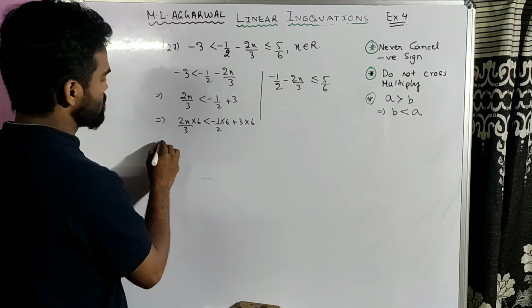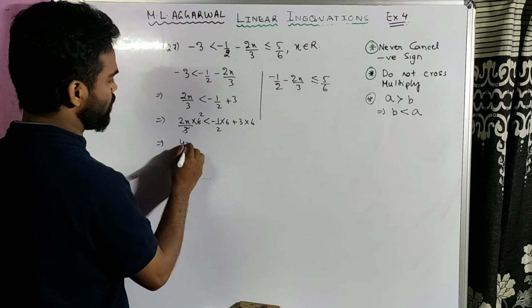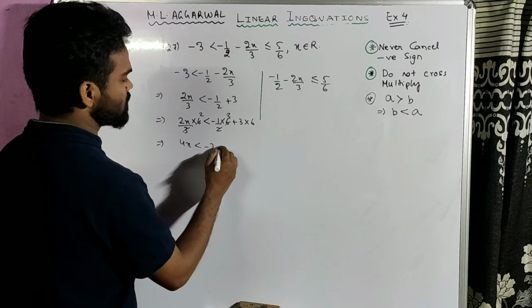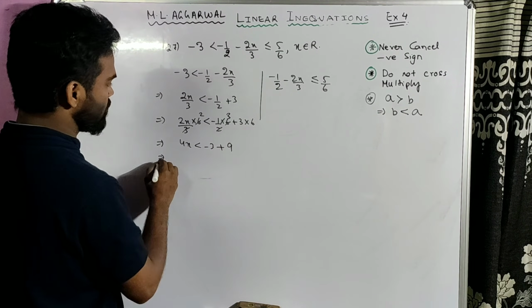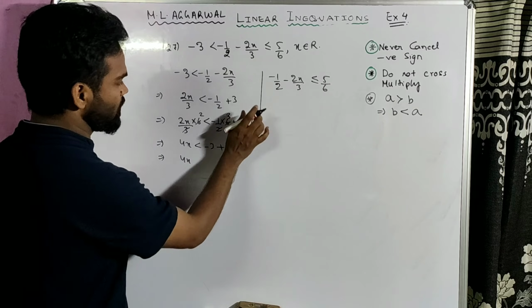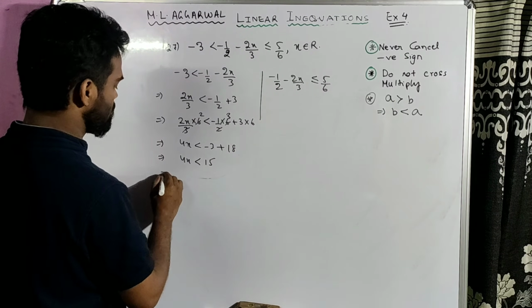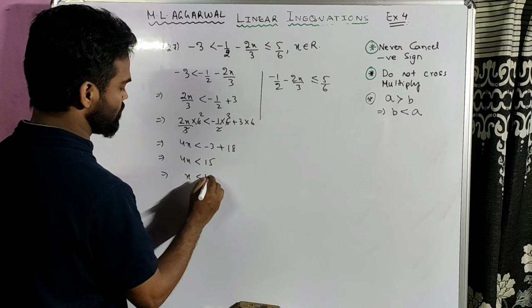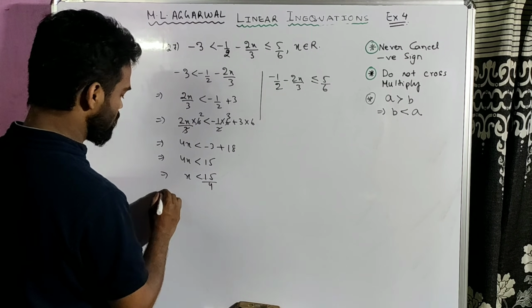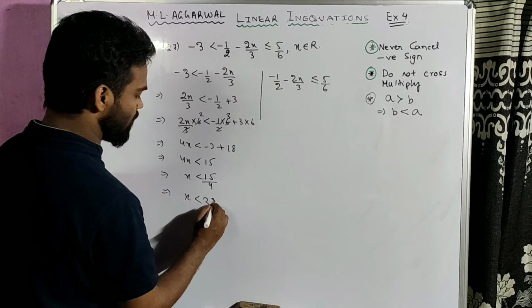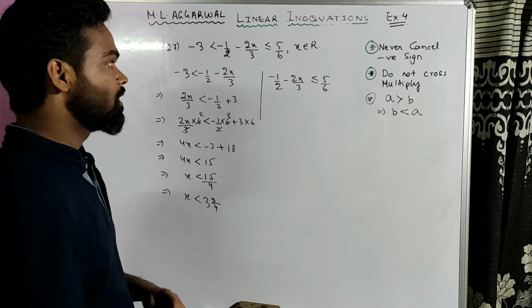So that becomes 4x less than minus 3 plus 9, which means 6 3s are 18. This is 15. So we can say x less than 15 by 4, which means x less than 3 by 4. Now we'll solve this one.